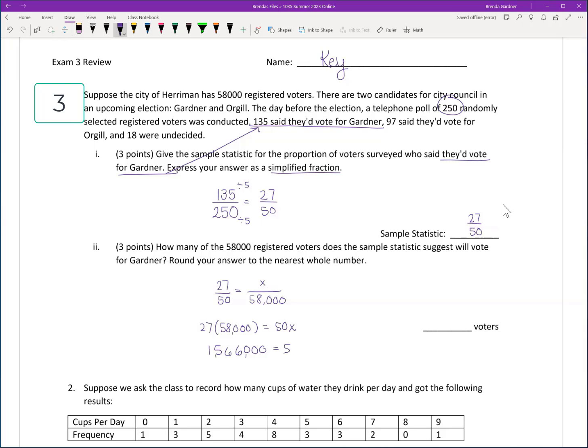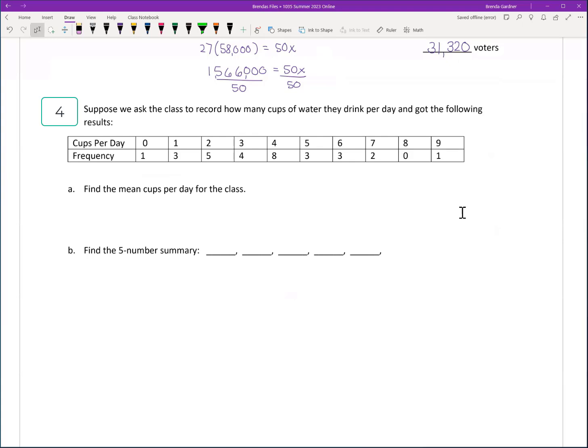And we're going to divide that by 50, of course, to solve for my numerator. So if I divide that by 50, I'm expecting 31,320 voters.